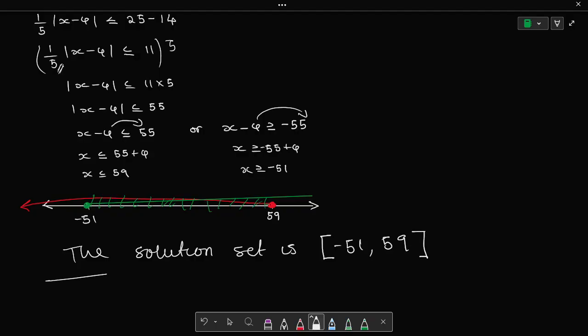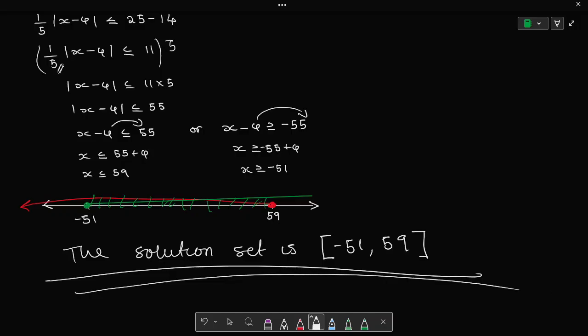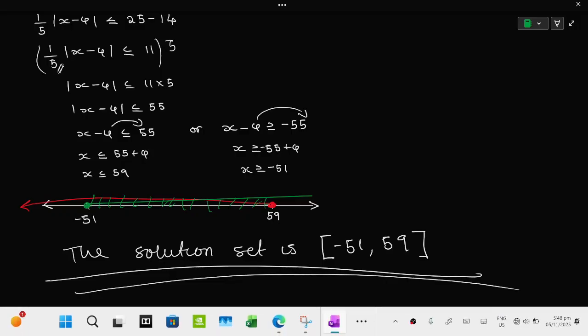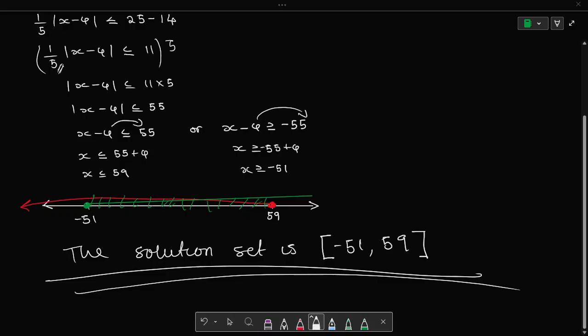Okay, this is going to be your solution in interval notation. Right, so that's how you go about solving questions that involve absolute values. We're going to expand on this concept a little bit more in the next video.